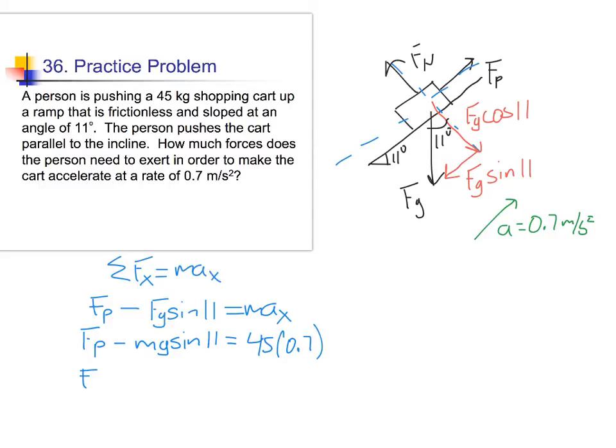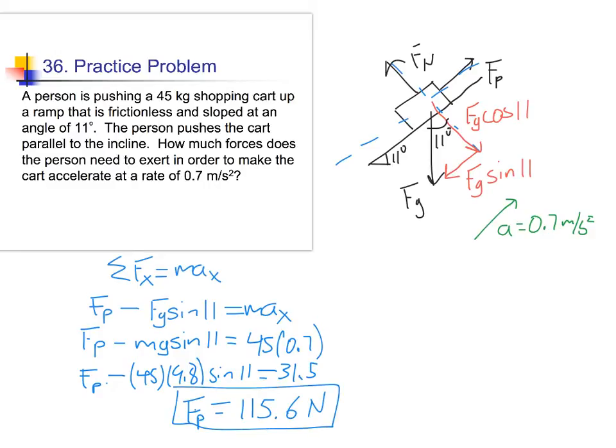So I have FP minus 45 times 9.8 times sine of 11. And doing the math here, that's going to be equal to 31.5. And then when I solve for FP, I get that my pushing force here needs to be 115.6 newtons. And that's going to make it accelerate up the incline here at 0.7 meters per second squared.